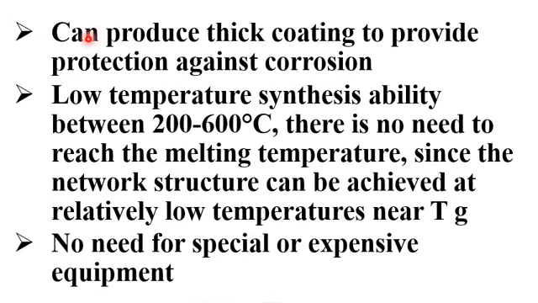So now, dear student, another advantage of the sol gel process is that we can produce a thick film, which can be used as a coating to protect against corrosion. As I've discussed, we can produce thick films by sol gel process using spin coating, dip coating, or spray coating.